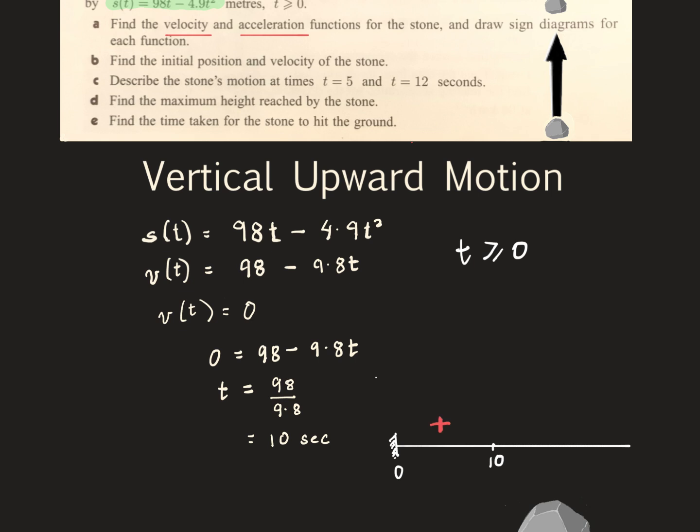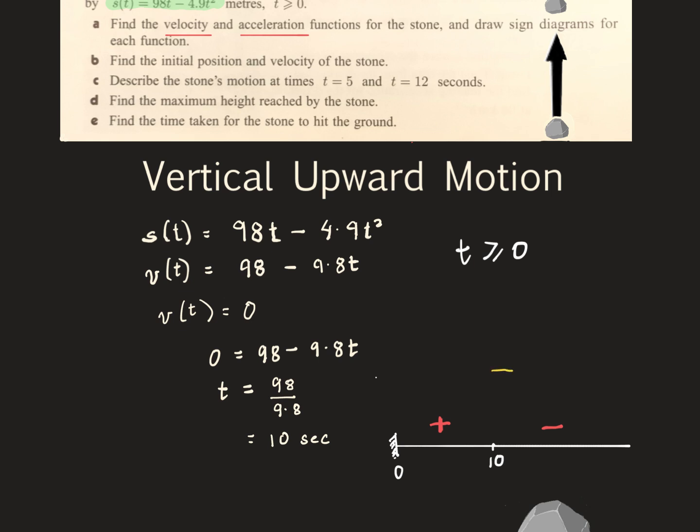This means that as we throw the stone upwards, its sign will be positive in the upward motion, and when it comes down, we substitute a number greater than 10, say for instance 11, and we find that the result will be negative, which means that the direction of the velocity is going downwards.